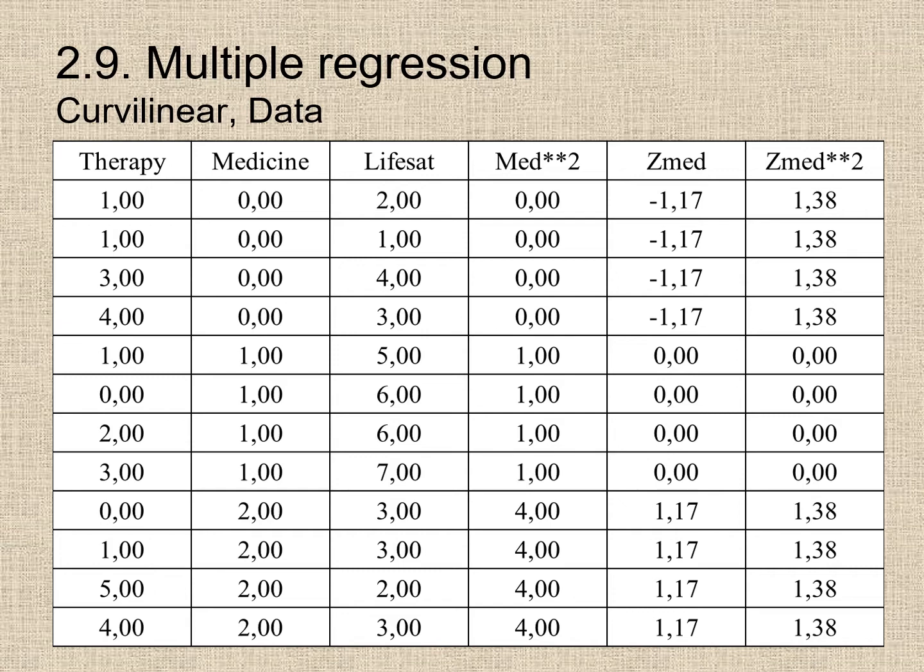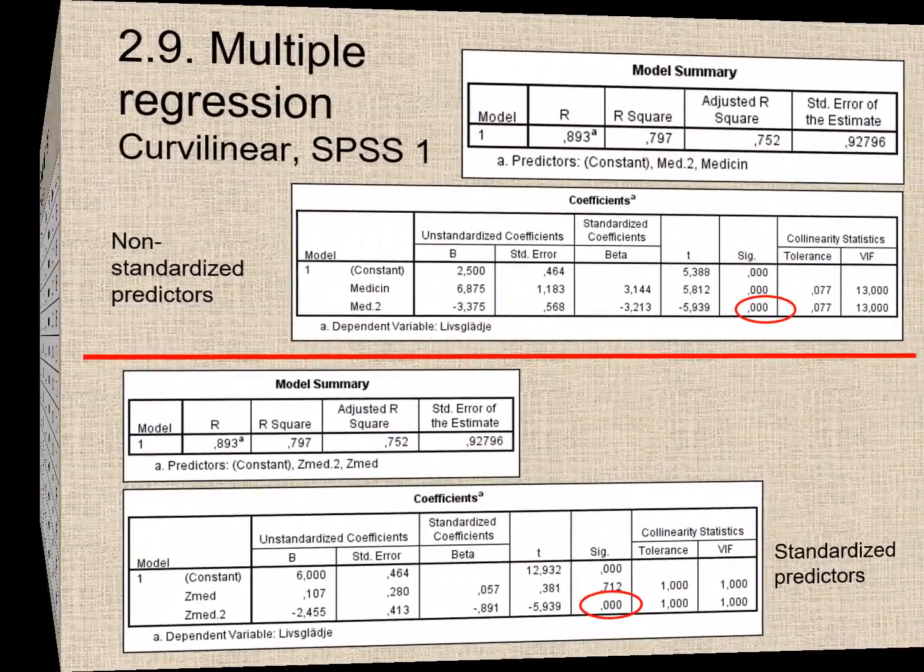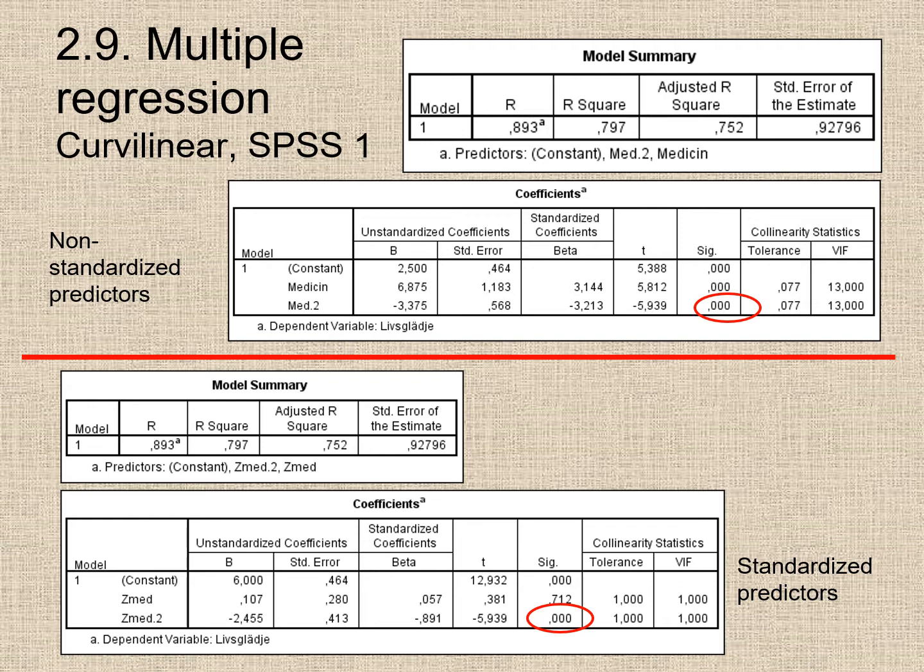How much of the variance in life satisfaction can be explained by our curvilinear model? 80%. I guess it's a bit scary. It became exactly the same as before, but it's made-up data, so I guess that was by chance. 80%, and it's exactly the same in both cases here. So that's not affected by the standardization.